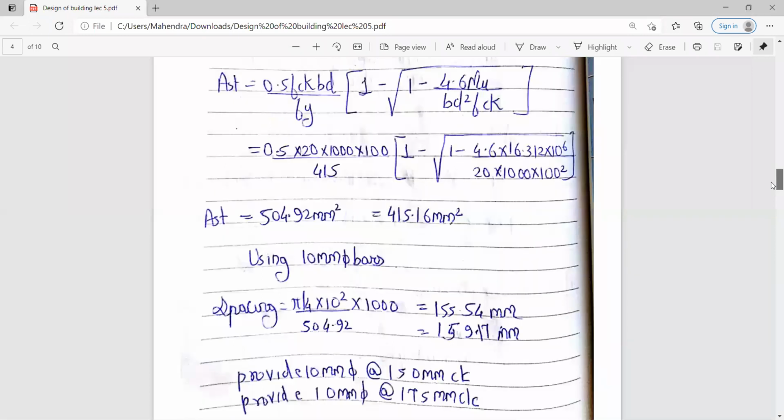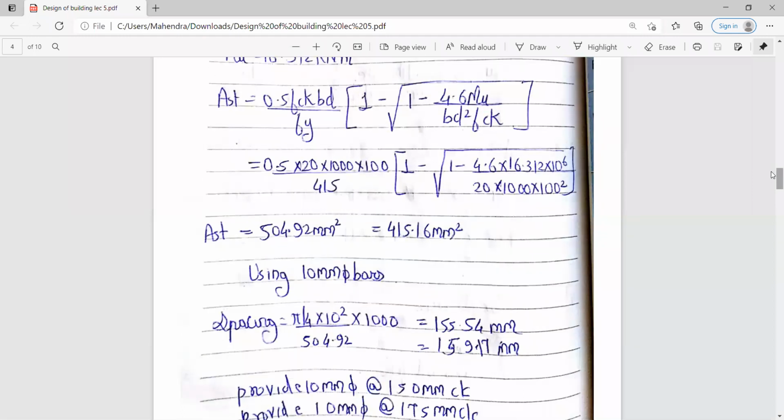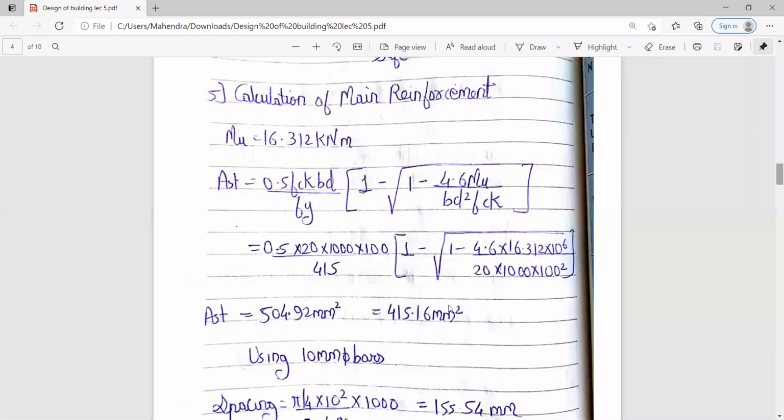Then using 10 mm bars. Again you need to calculate for the next moment, that is 17.43 kilonewton meter. उसके लिए भी आपने मेन रेनफोर्समेंट कैलकुलेट किया है, that is AST you had calculated for that moment also. All the other values are the same; only the moment will be changed for B and D. So for that also you need to calculate the main reinforcement.